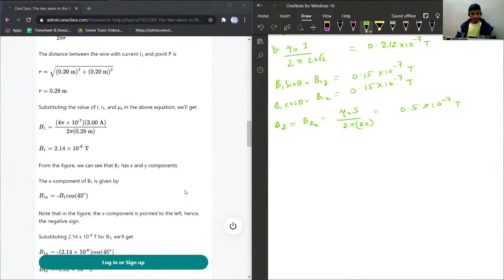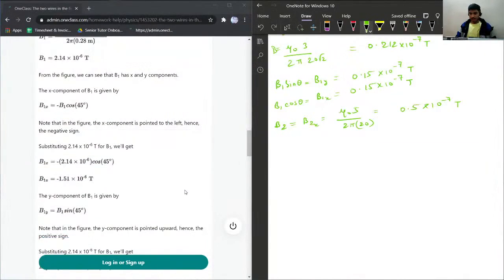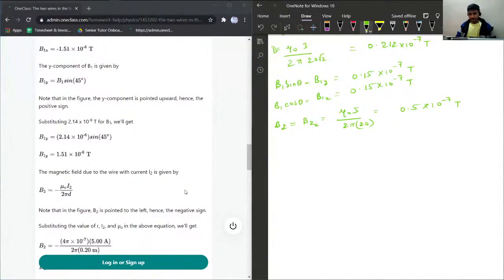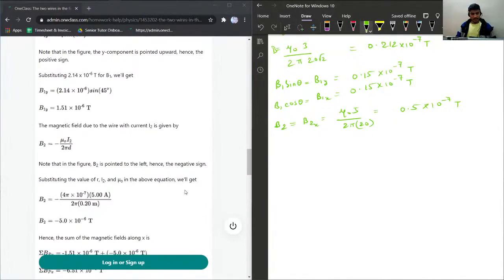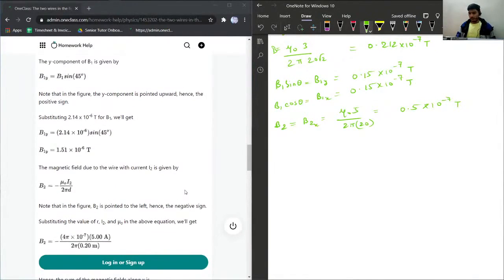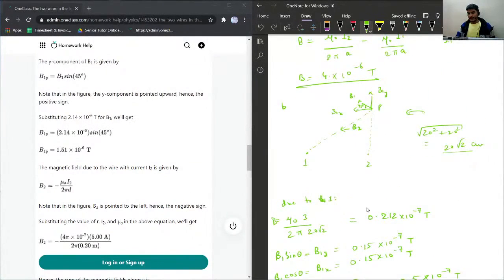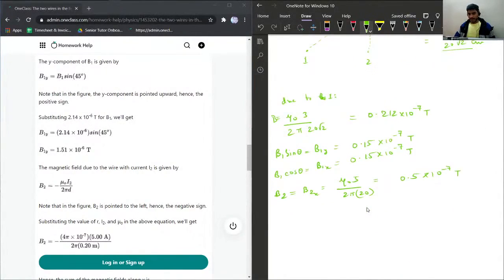I'll just make sure that these values are correct. I am skipping a negative sign here, and that is true. It should be negative. So basically we can see from the diagram that these fields are in negative X direction. So I'll just put a minus sign here, and I'll just put a minus sign here.